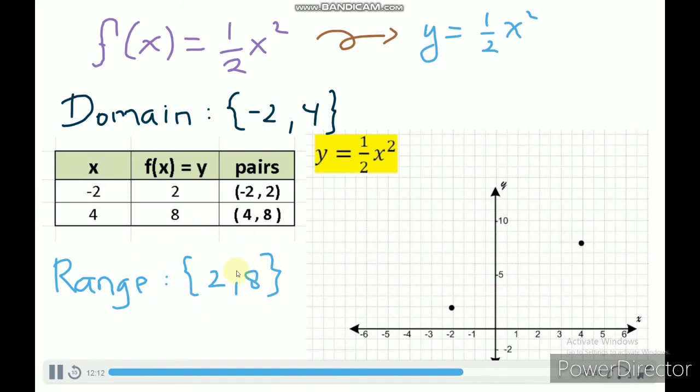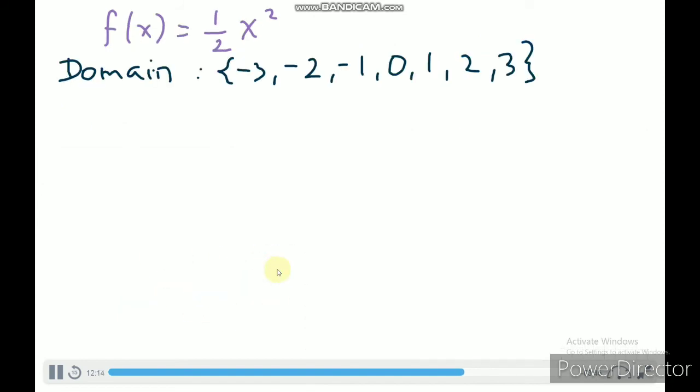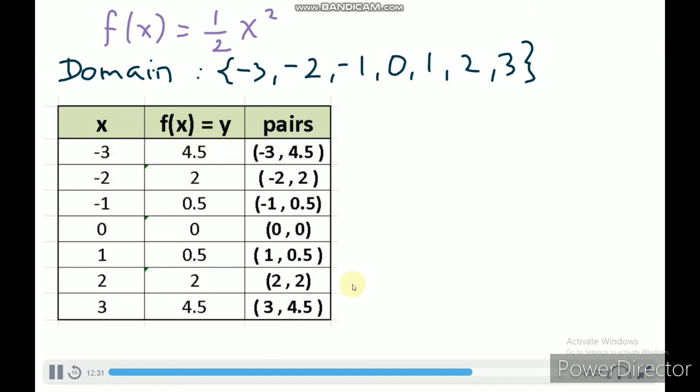If I use the same function but a different domain, for example, this time I use 7 values of x. Before we had 2, but now we have 7: -3, -2, and so on. If I put them into the function machine, we have these pairs. Interestingly, the values of y are not the same. It's not 7 different values; instead, it has 4 different values.